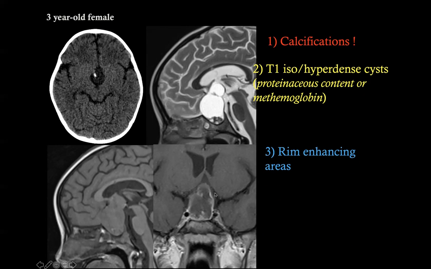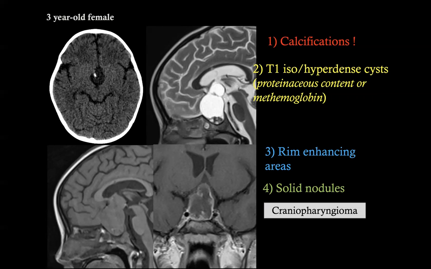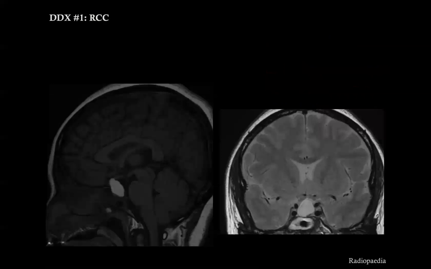There is enhancement with contrast with some nodular areas and some solid nodules as well. This combination in suprasellar location is typical of a craniopharyngioma. So you put together all these things, and you will make the diagnosis most of the time.